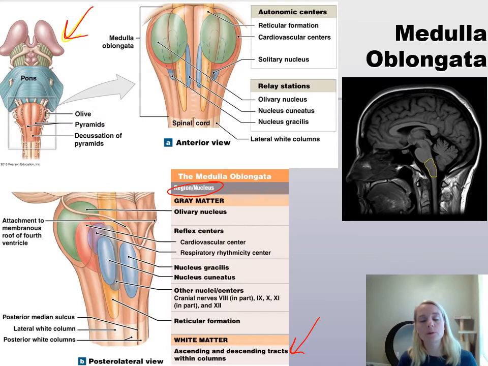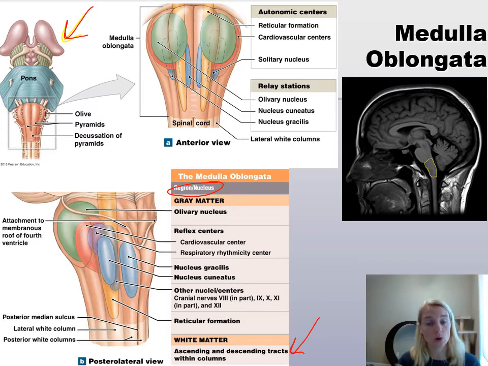In the peripheral nervous system, a collection of cell bodies we call ganglia. That's spinal ganglia, dorsal root ganglia, or the chain ganglia, sympathetic ganglia. Those are collections of cell bodies outside of the central nervous system, in the peripheral nervous system. Inside of the central nervous system, when you have a collection of cell bodies that are doing similar functions, we call this a nucleus, or nuclei.